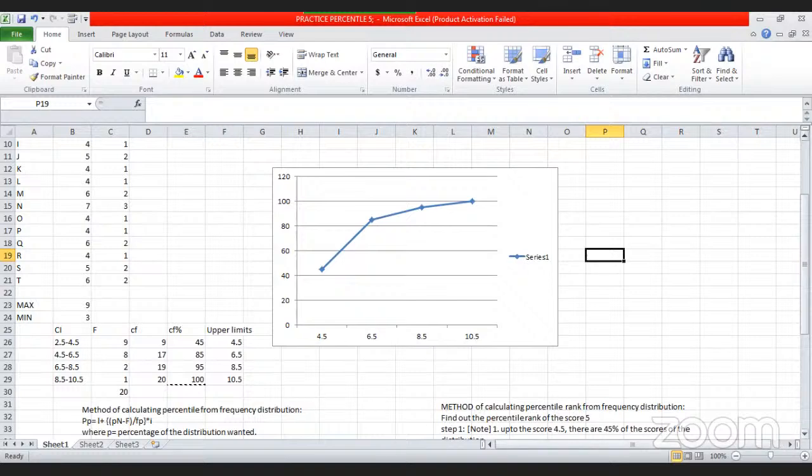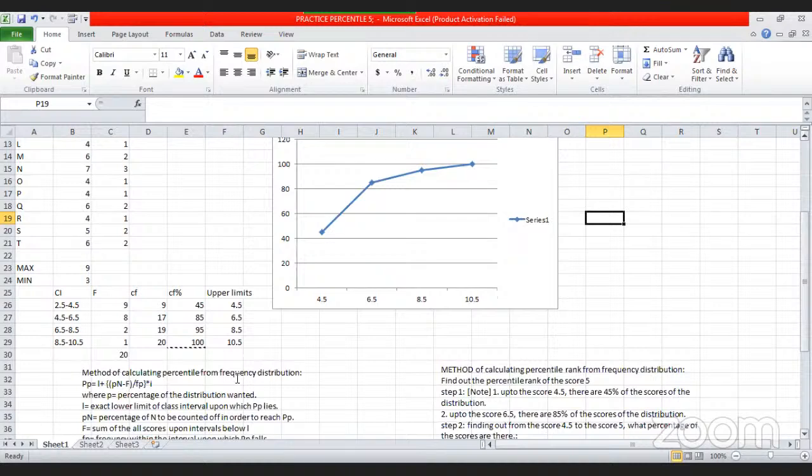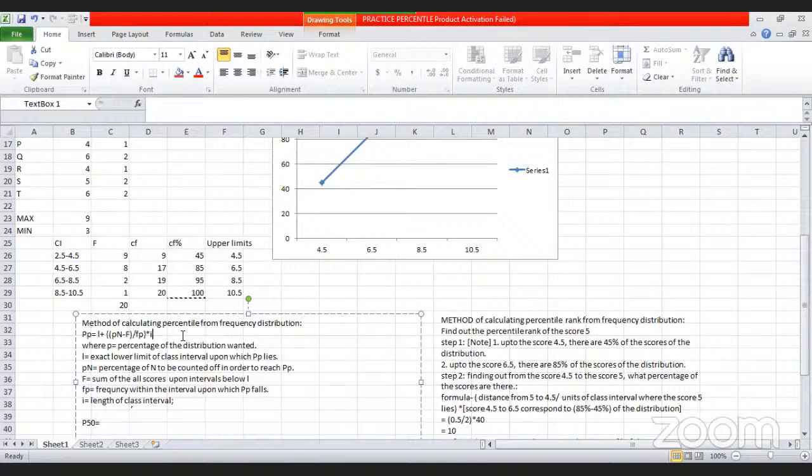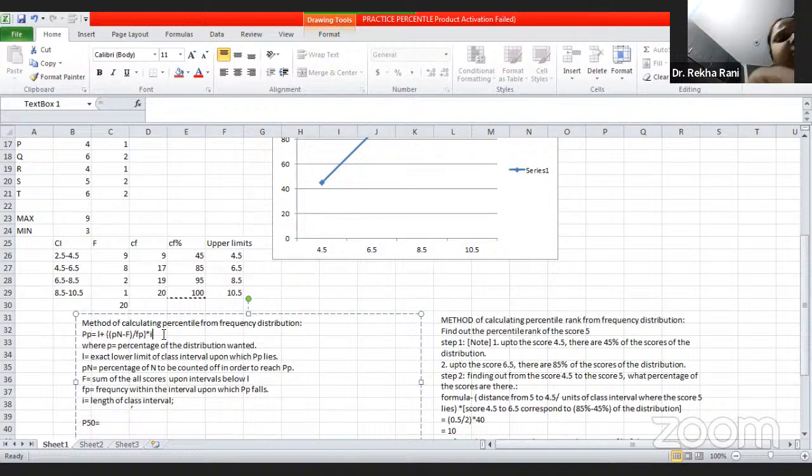So first, check at this box, the method of calculating percentile from frequency distribution. Is it visible to you? Yes, ma'am. It is visible.